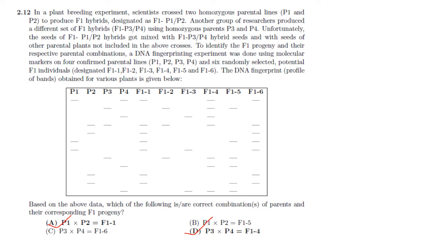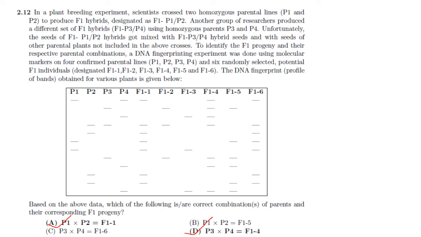Now what happened was, the P1, P2 and P3, P4 hybrid seeds got mixed up. So they were not able to know which seeds were raised by crossing the parents P1 and P2 and which seeds were raised by crossing the parents P3 and P4.